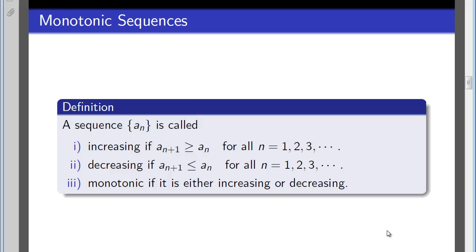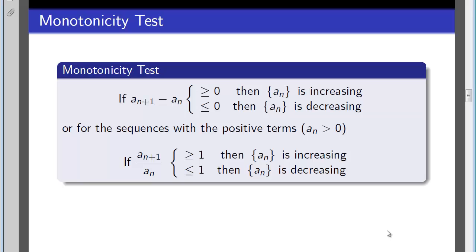And if it is either increasing or decreasing, in such a case we are saying that the sequence is monotonic, where this definition can be put in two different forms, called the monotonicity test.